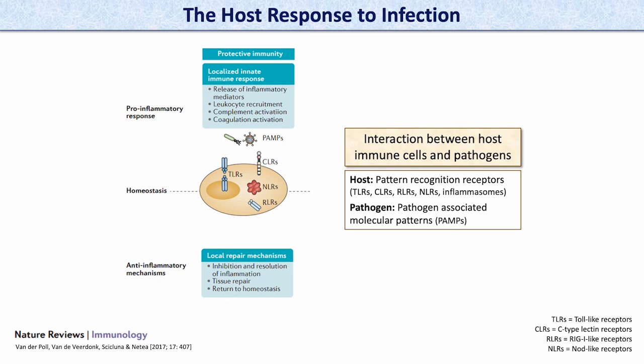At the same time, local repair mechanisms are initiated, which are characterized by anti-inflammatory mechanisms relating to inhibition and resolution of inflammation and seeking to repair tissues and to return to homeostasis.